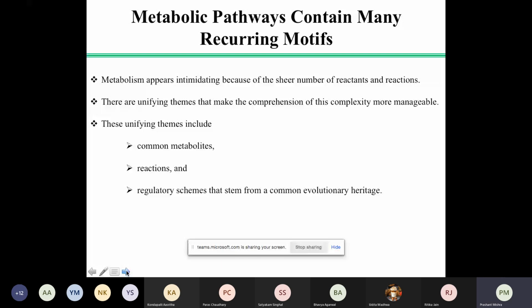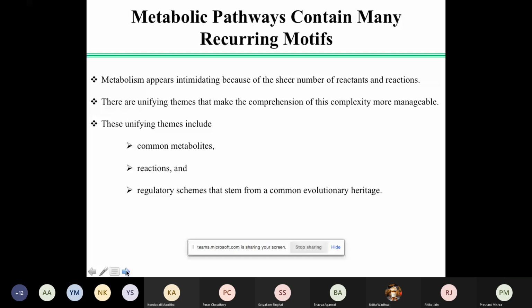You have a network of reactions which are responsible for energy generating and energy consuming processes. And that is why it is essential that we should have core theme-based reactions which are important for managing the complexity of the reactions.